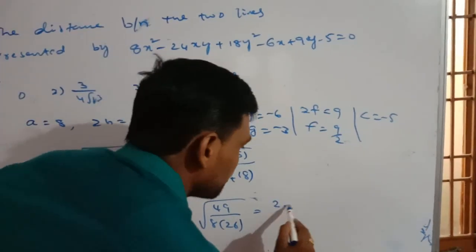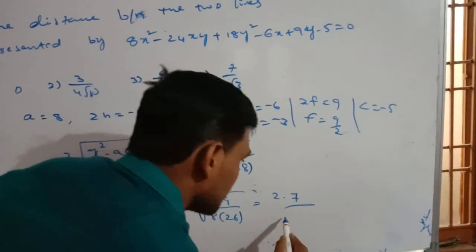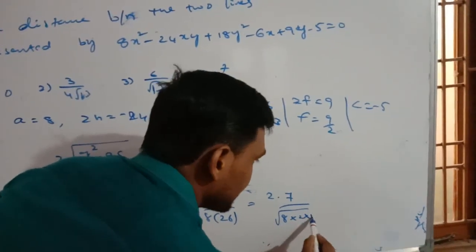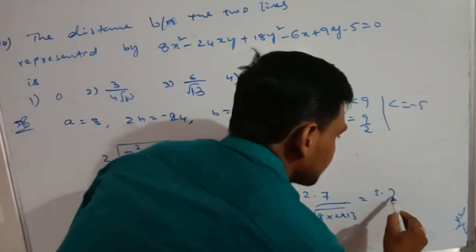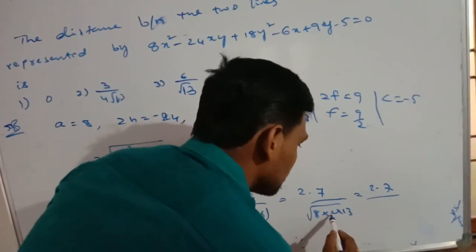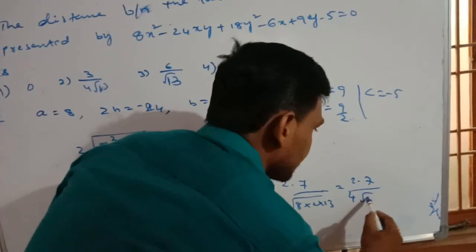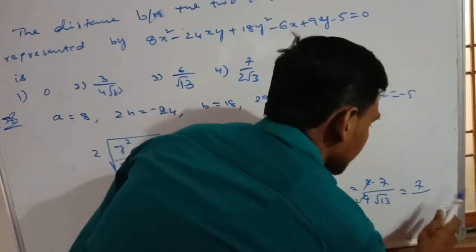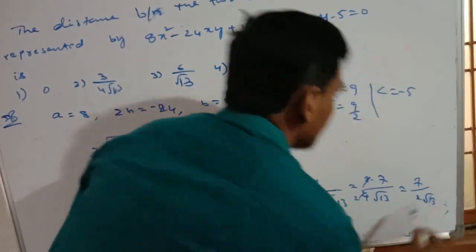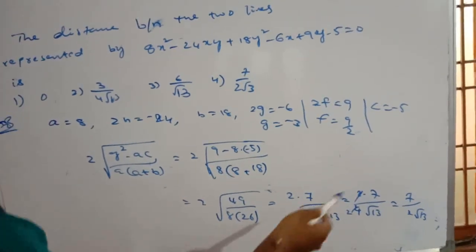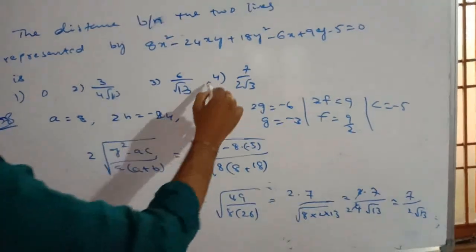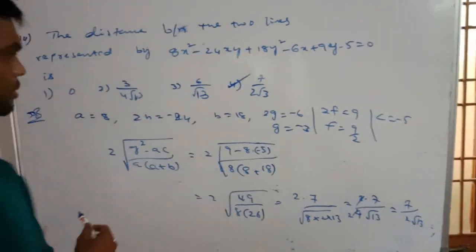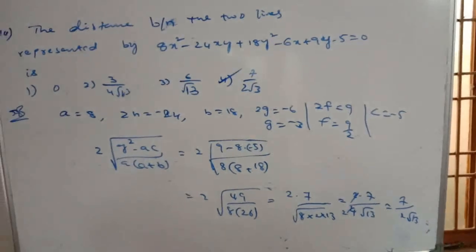And this is equal to 2 into root 7 by root 8 into 2 into 13. And this is 2 into 7 by 8 is 16, root 16 is 4, and this is 13, this is 2, so 7 by 2 root 13. The distance between the lines is 7 by 2 root 13. Now the answer is the fourth option, 7 by 2 root 13.